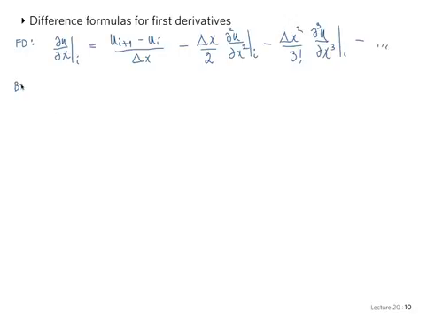For the backward difference, I'm writing it short there, BD for backward difference. We approximate the same derivative du/dx at the same point i, but using the other neighbor. So it's going to be (u_i minus u_{i-1}) over delta x, and the errors are the same.